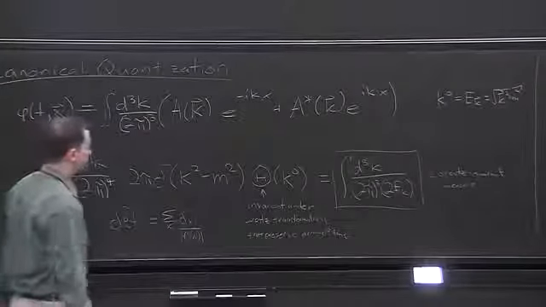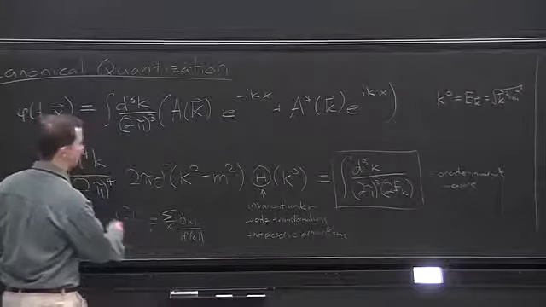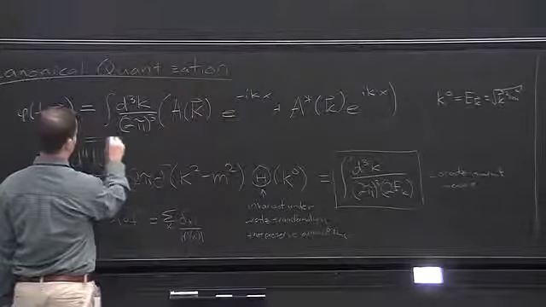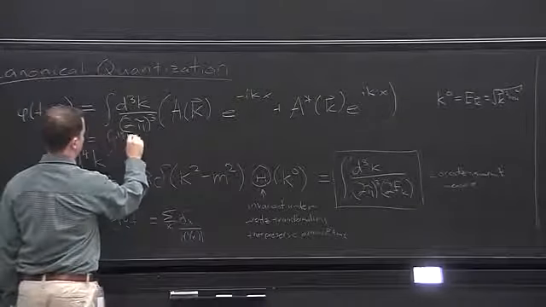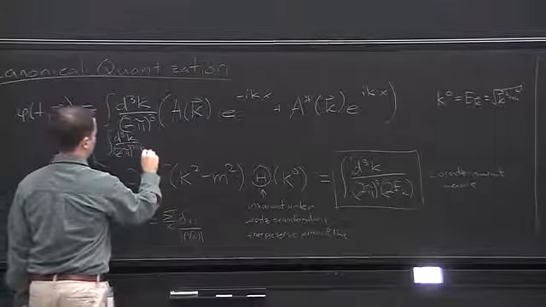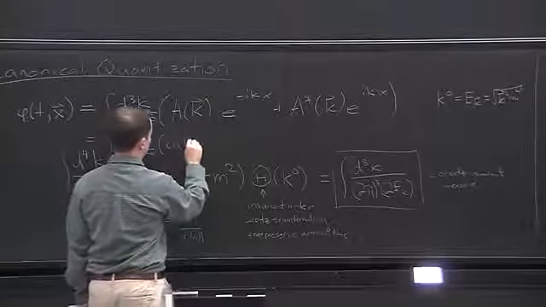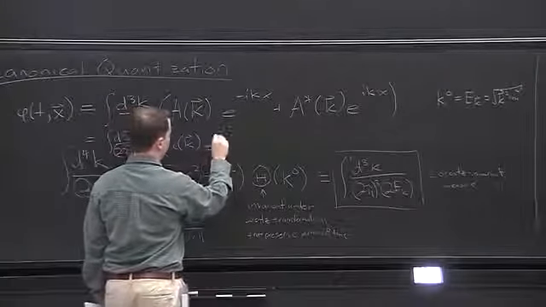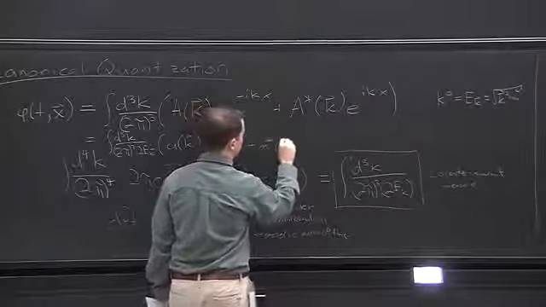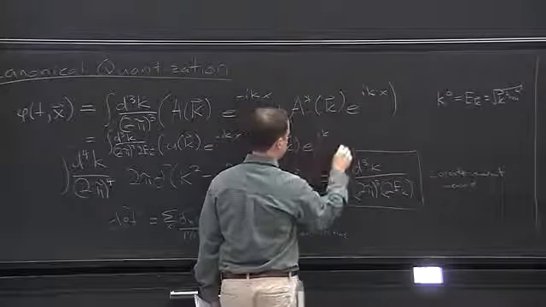And so it'll be convenient to rewrite this first line in terms of the Lorentz invariant measure, and define some small a mode functions that are just related to the big A's from last time by factors of 2ek.